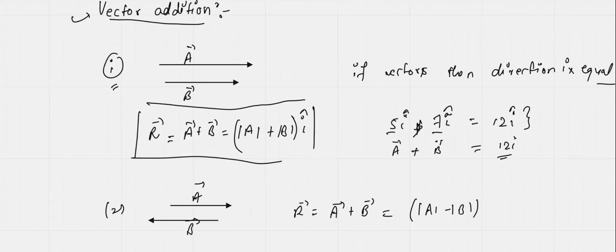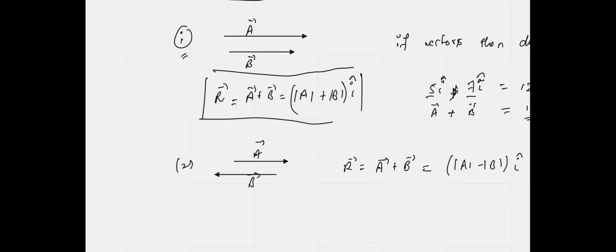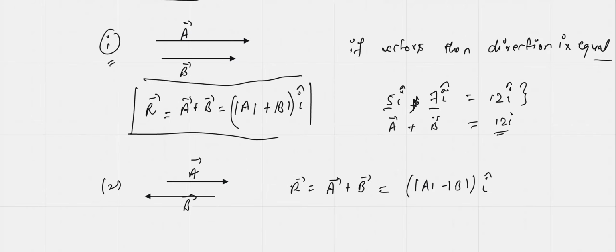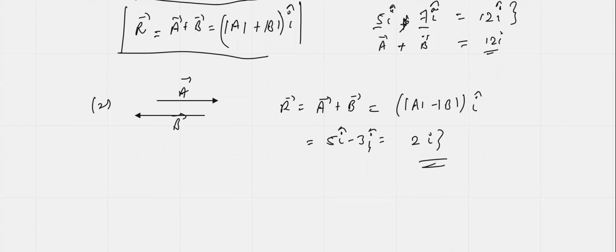If this is 5i and this is in the opposite direction, 3i, then the resultant is 2i. That's fine. Let's move to the next main important thing I'll cover from here onwards.